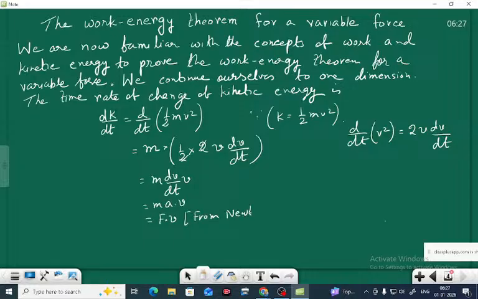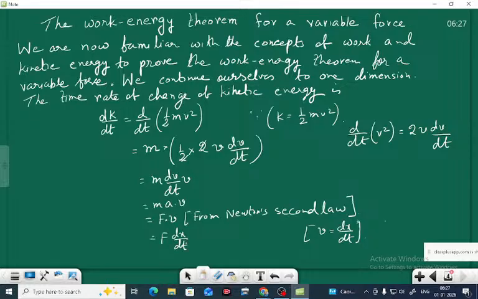And v can be written as dx by dt, the rate of change of position with respect to time, that is velocity. Therefore, we can write F dx by dt.